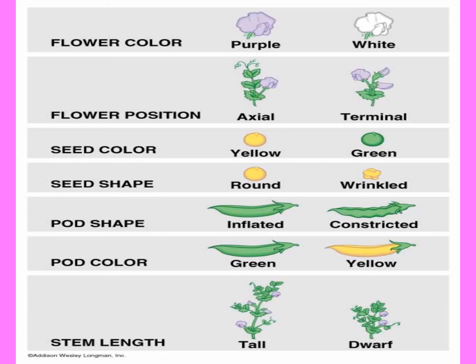And you think, well, what the heck do pea plants have to do with anything? Well, he was actually able to start predicting when a trait would show up. He actually had the time to sit there and work out the mathematics. And this is what he discovered. All these traits here on this left side turned out to be what he called dominant, more or less. These are the ones that showed up most often, whereas the traits on the right showed up on occasion, but not nearly as frequently.